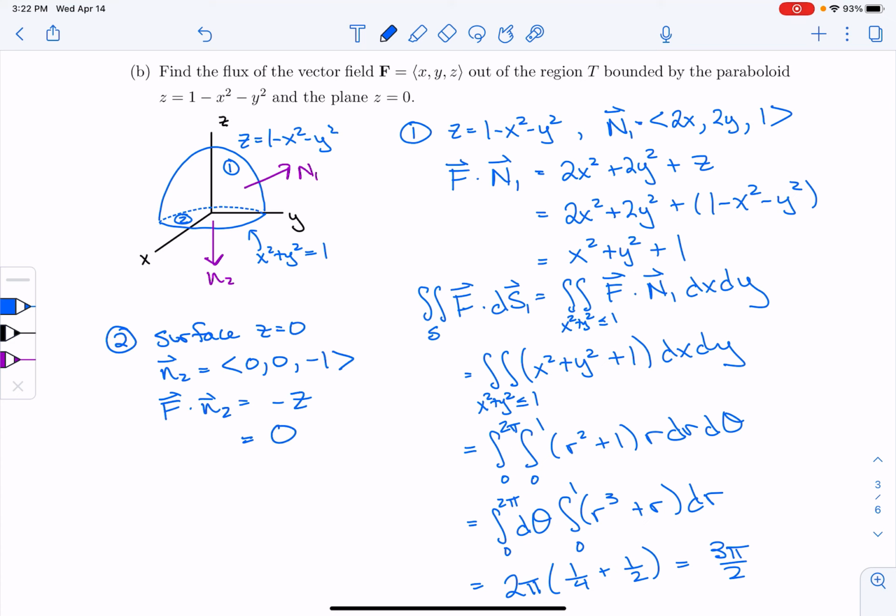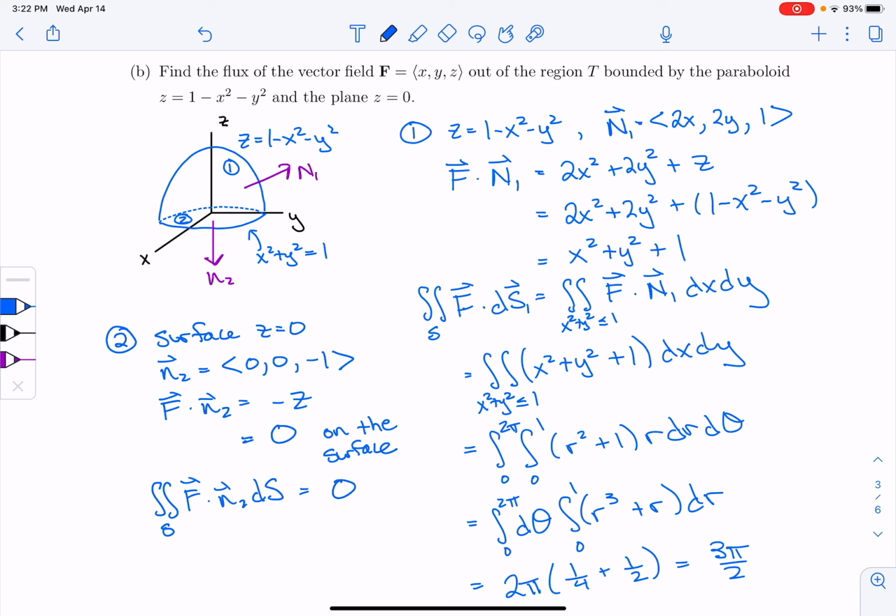Okay, so this is equal to 0 on the surface. Well, that tells me that then the double integral of f dot n2 dS, that flux is also going to be 0.